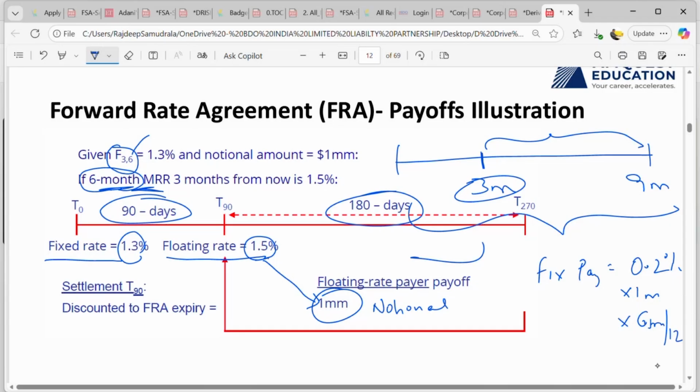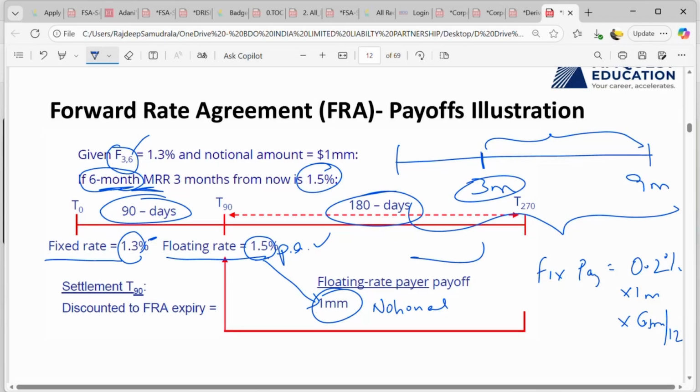Now don't think that 1.5 is the rate for 6 months. 1.5 is the per annum rate, and that per annum rate has to be converted into 6 months upon 12 months. Clear? So your answer is 0.2% of 1 million. I earn 0.2% because I'm paying 1.3 and receiving 1.5 on 1 million for 6 months.